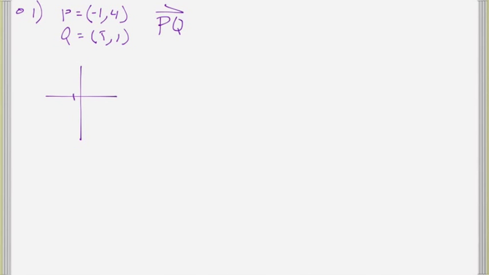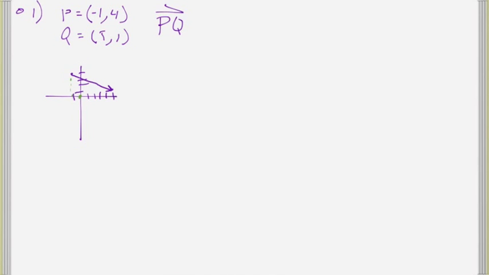P is (-1, 4) and Q is (5, 1). Our vector would look like this, but for a component vector, we want it to start at the origin. To get that point there, I would need to go down 4 units and over 1 unit.